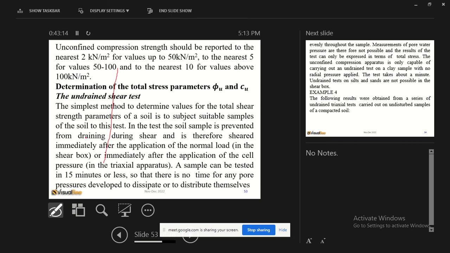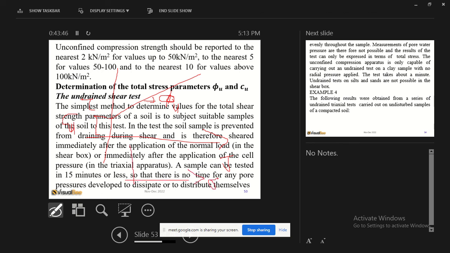Because you are obtaining these parameters from the triaxial test under undrained conditions, this is why you can call this phi u and Cu. Please, I'll insist on this.